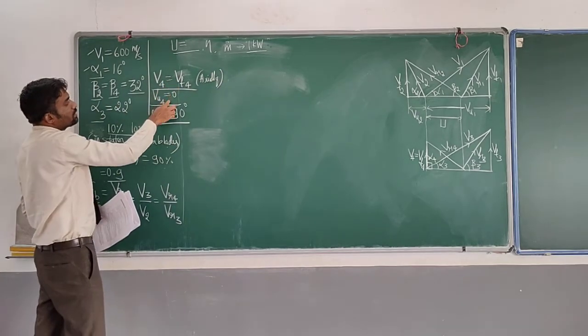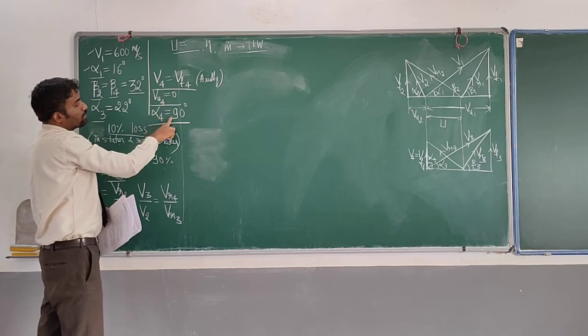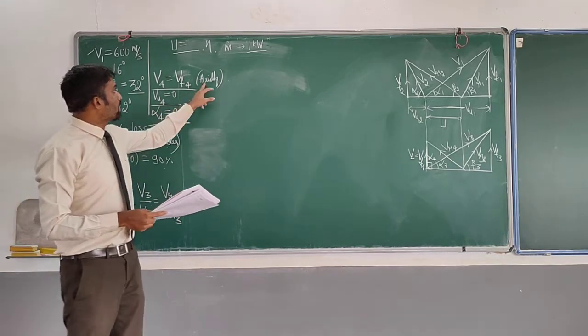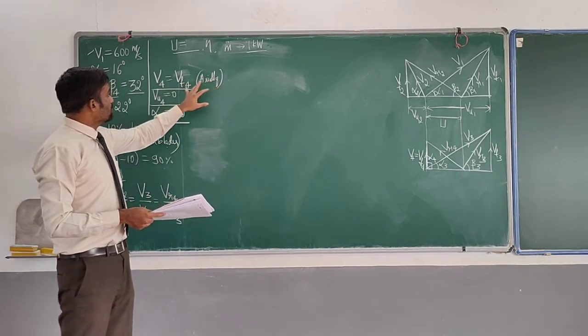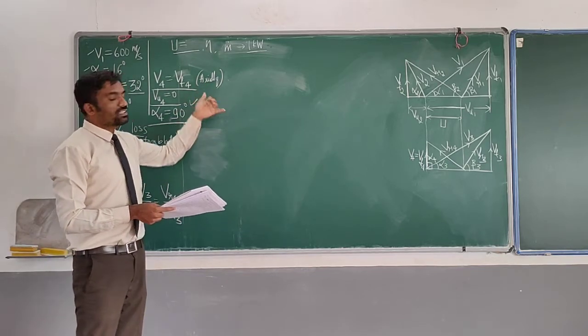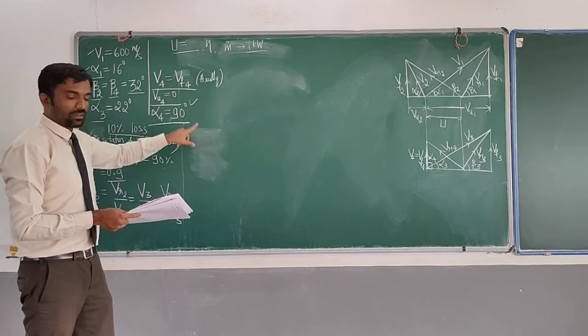This indicates that Vu4, the tangential velocity component, is 0 and alpha 4 is 90 degree. This is very important. If it says radially, we also get the same condition. Practically, axial and radial conditions are different, but theoretically we will write the same thing.